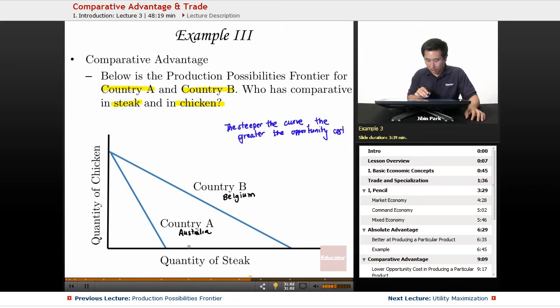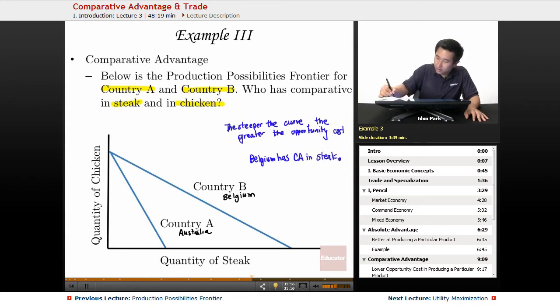So the opportunity cost of making steak is actually less than in Australia. So based on this here, Belgium has comparative advantage in steak, and Australia has comparative advantage in chicken.